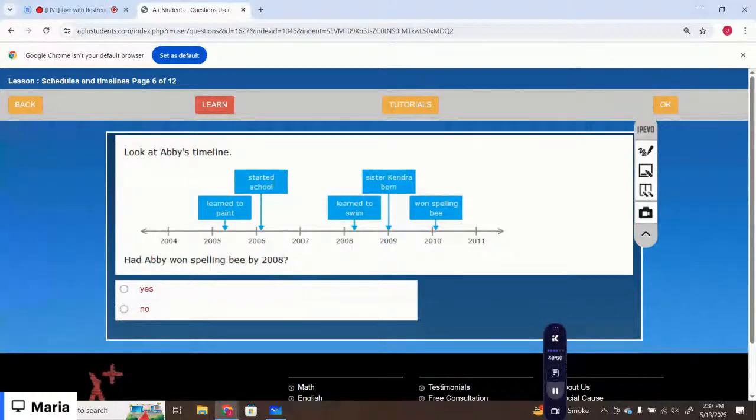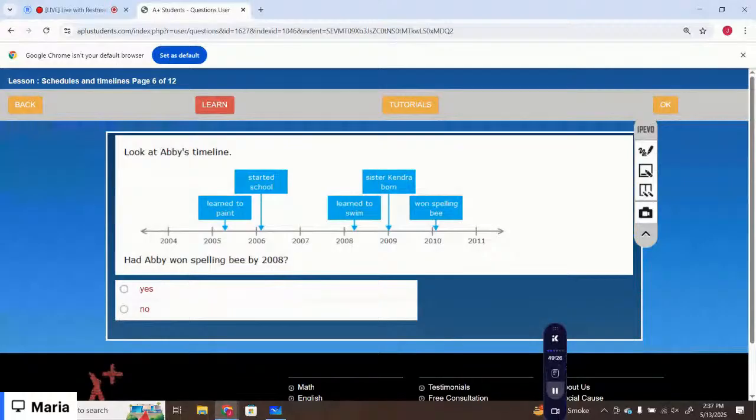Look at Abby's timeline. Had Abby won the spelling bee by 2008? By 2008?